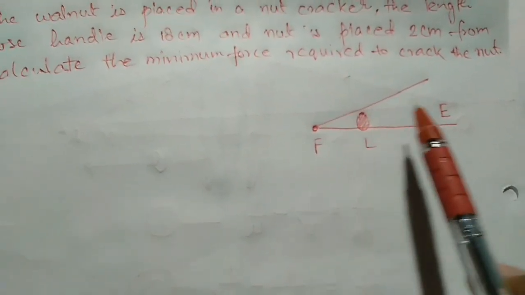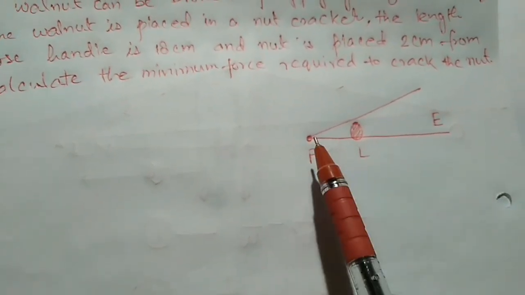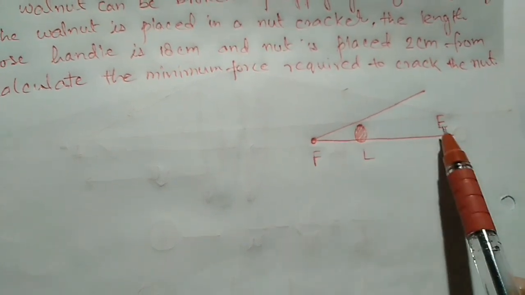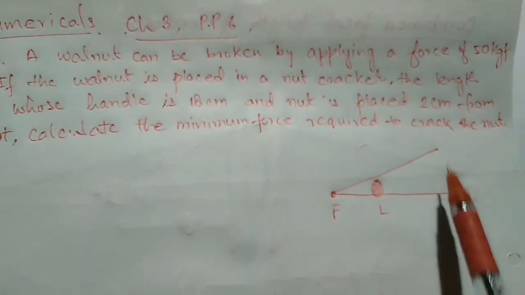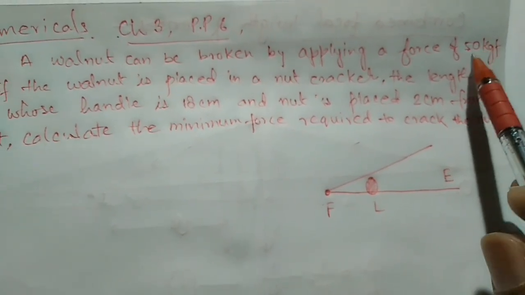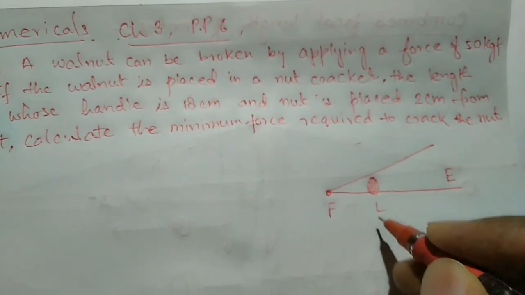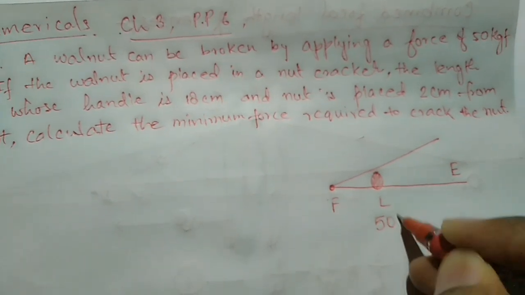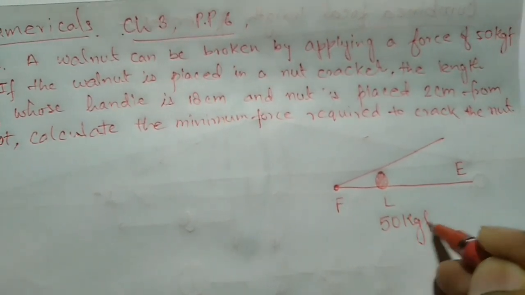A general diagram of a nutcracker can be drawn like this: fulcrum, the load, and the effort. From the question, without any machine it was able to crack by a force of 50 kg, so the load right now is 50 kgf.